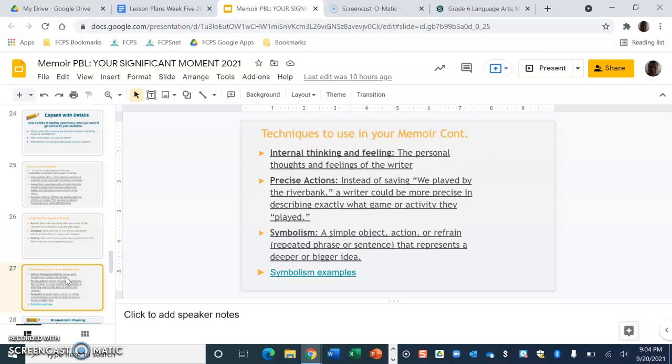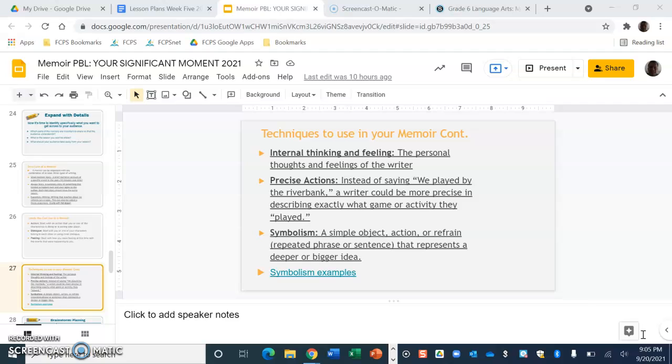The final piece that we're going to go over today is techniques that you can use in your memoir. And these techniques would be used within the body of the memoir throughout the story. So the first one, which ties in with the last lead that I talked about, would be internal thinking and feeling. Those would be personal thoughts and feelings of the writer.